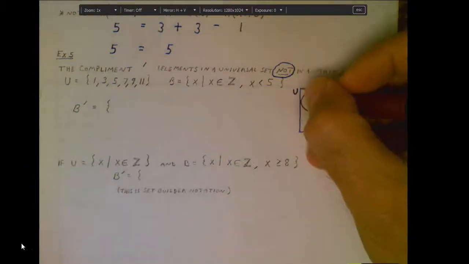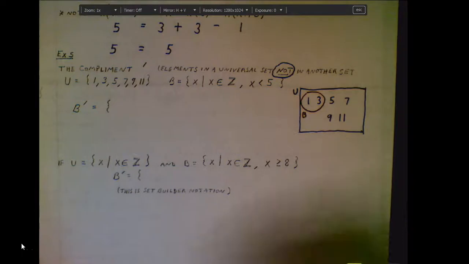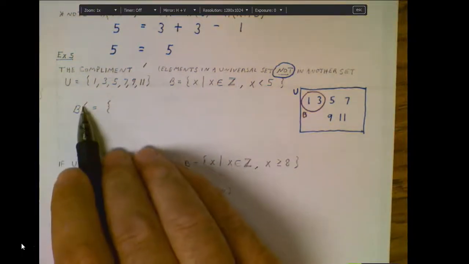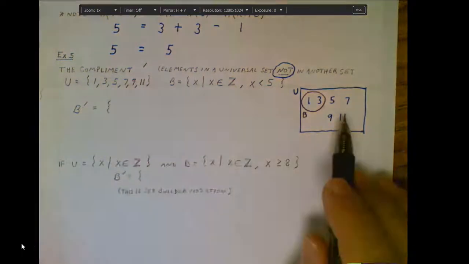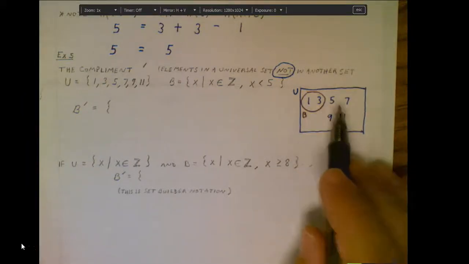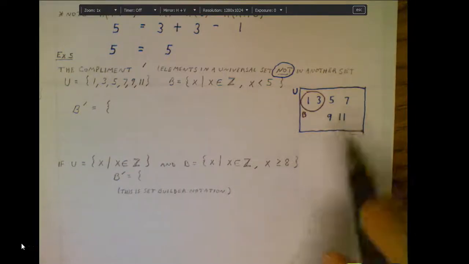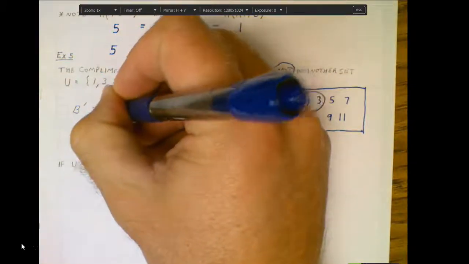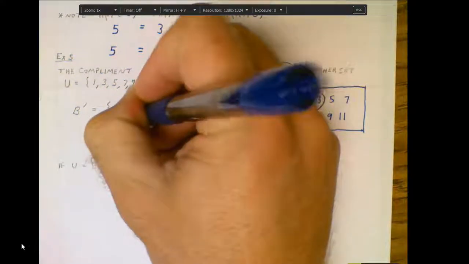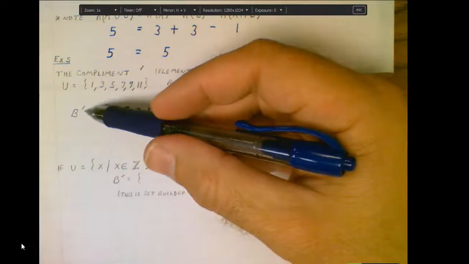So we would identify this as set B. So now when it comes time to saying, okay, let's list the elements that are not B, I'm simply going to list the elements that are in the universe that are not in set B. And so now I can see that 5, 7, 9, and 11 are the elements that are not in set B.